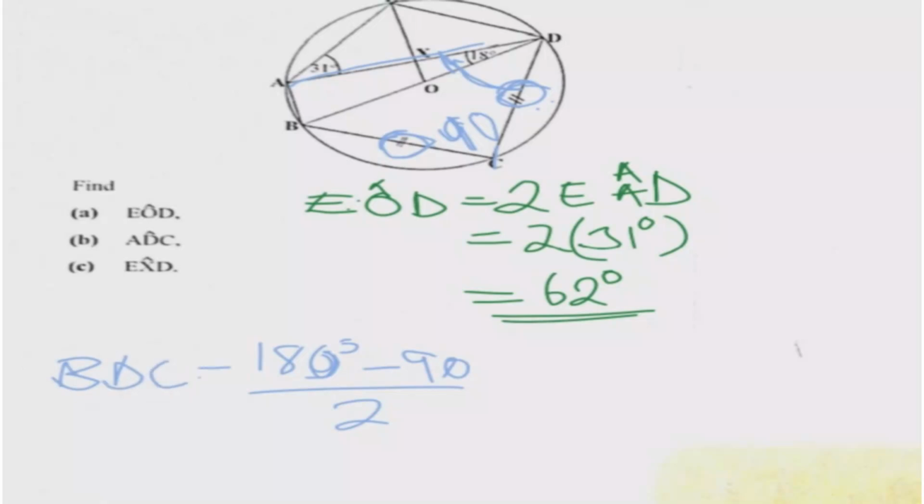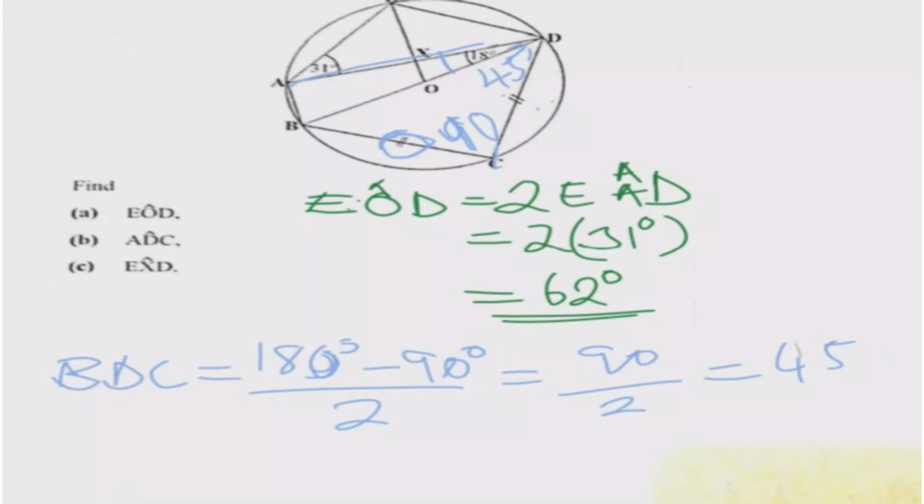Then 180 minus 90 will give me 90, divide by 2, will give me 45 degrees. So the value of this angle here is 45 degrees. I'm going to write 45 degrees here.